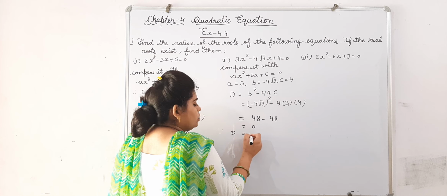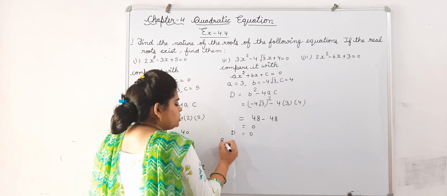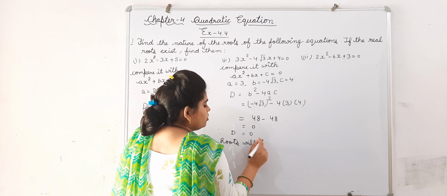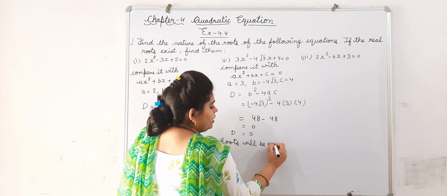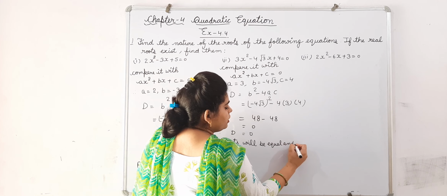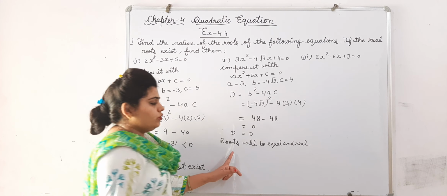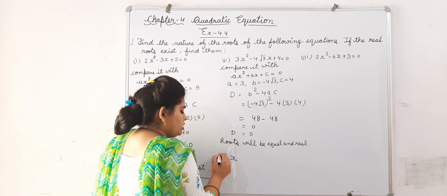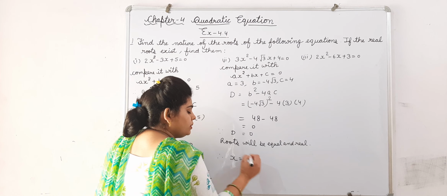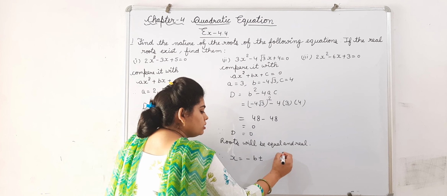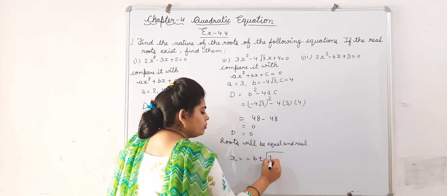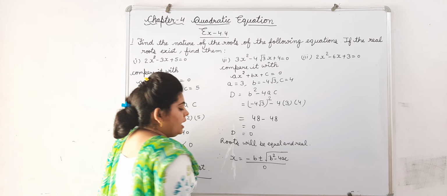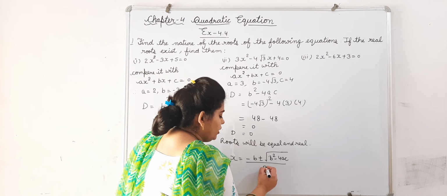Because D is equal to 0, the roots will be equal and real. Now we will find the values of the roots of this equation. We will use the quadratic formula, so x is equal to minus b plus minus square root of b square minus 4ac divided by 2a.